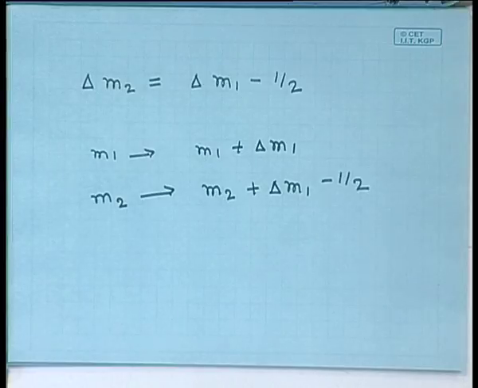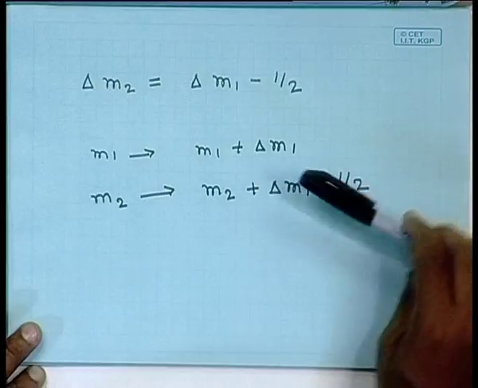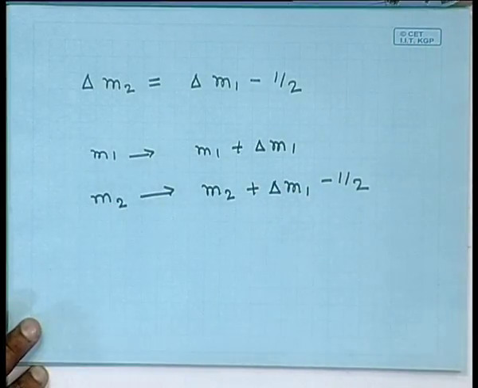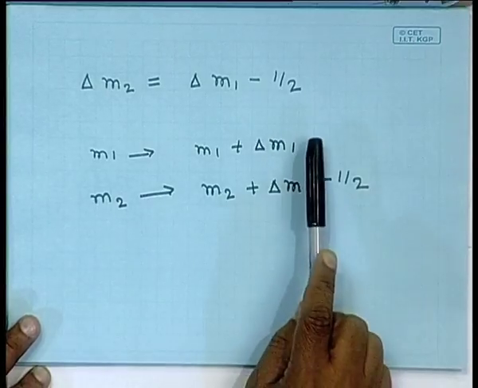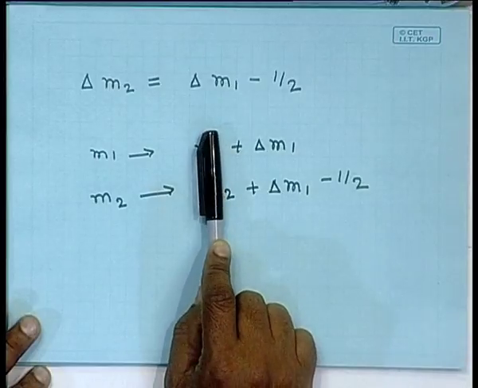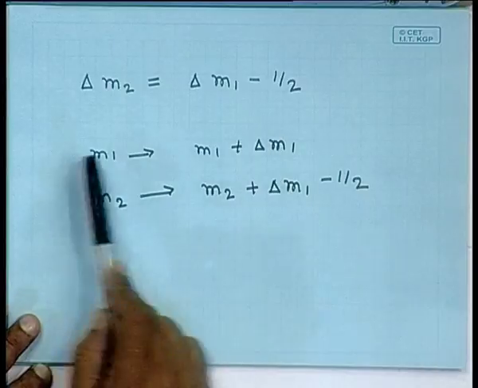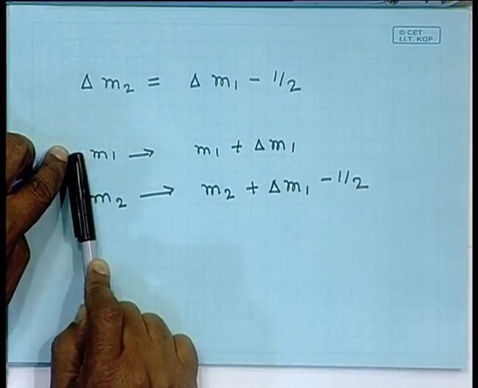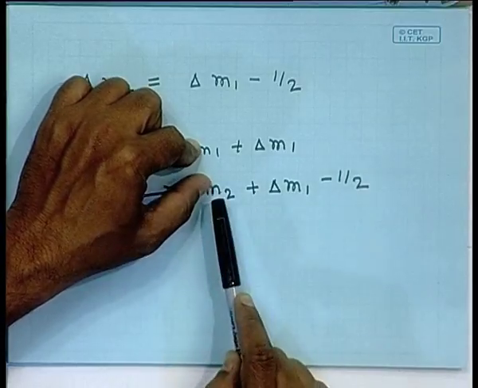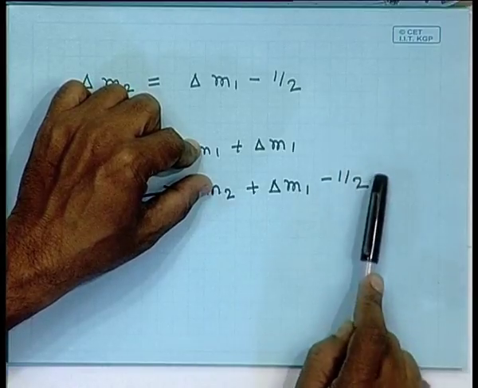So, the point to note over here is that in this situation the bright fringes of one of the wavelengths are going to coincide with the dark fringes of the other wavelength, because if this is an integer and I make delta m1 an integer, then I will have a dark ring corresponding to this, and I will have a bright ring corresponding to this, because this is an integer to start with and this is also an integer and this is a factor of half.